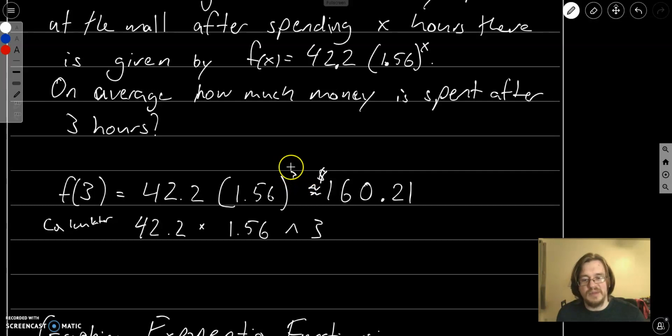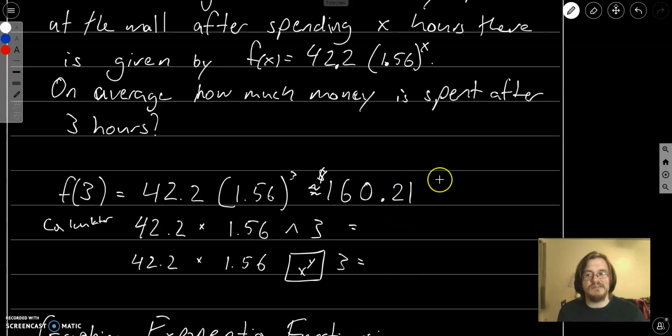That will give me the answer. Or some calculators will have another button that looks like x to the y power. How you use this is you'll enter 1.56, press that button and then 3, and then it should give you the same answer. So depending on the situation, there will either be a button that looks like a caret, or x to the y.